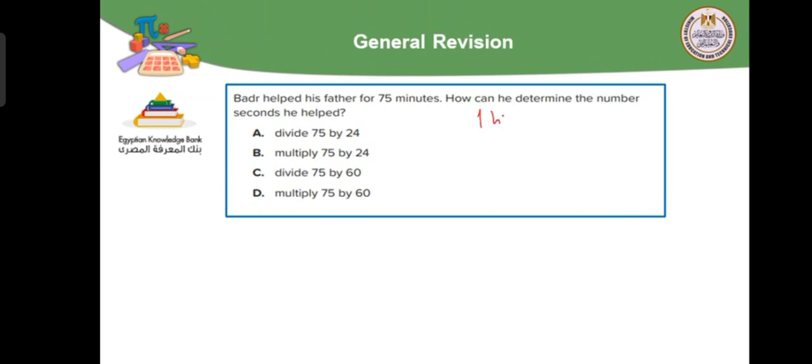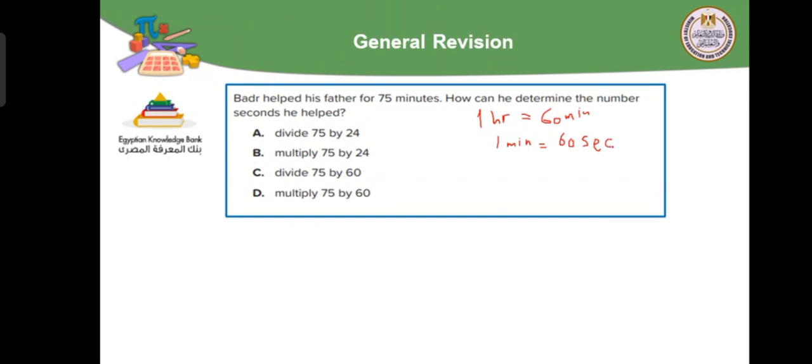Okay, don't forget this. Then 1 minute is 60 seconds. So if he asked about 75 minutes, I need to write 75 minutes in seconds.